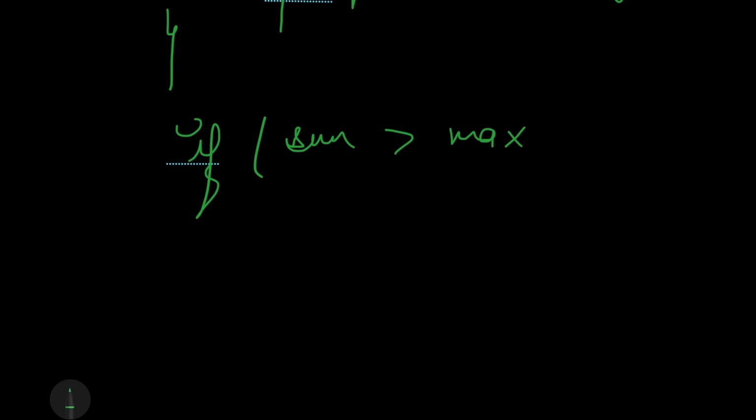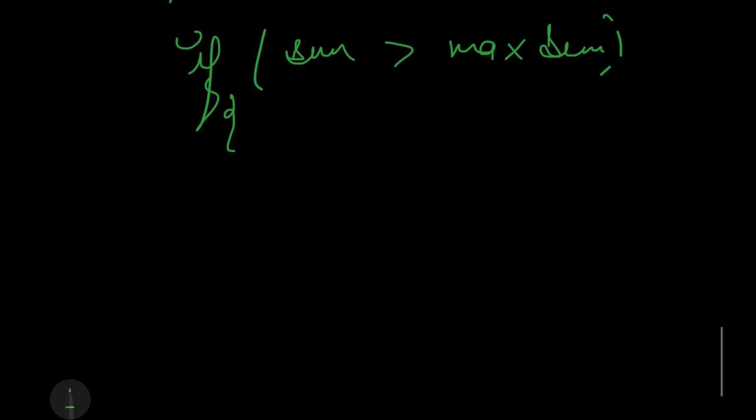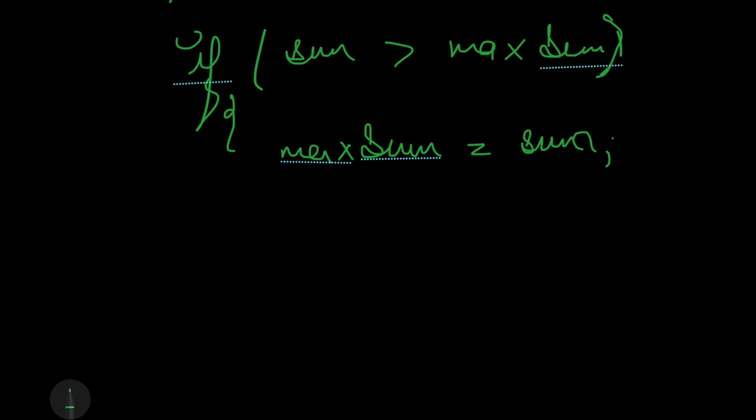Now if our sum is greater than max sum, which initially would be min int, the minimum negative integer, then our max sum would be equal to the sum. We'll update the maximum value as the sum, and also we'll update the result level as the current level.